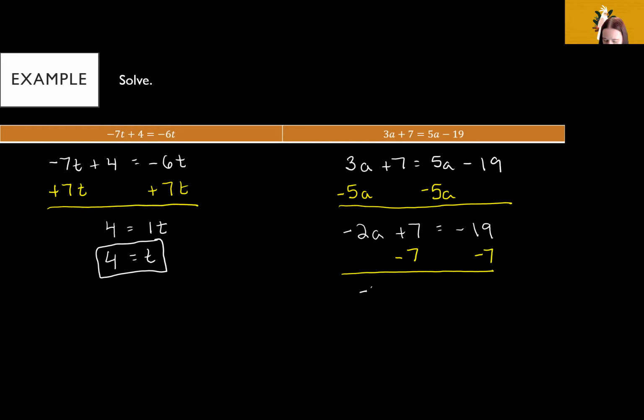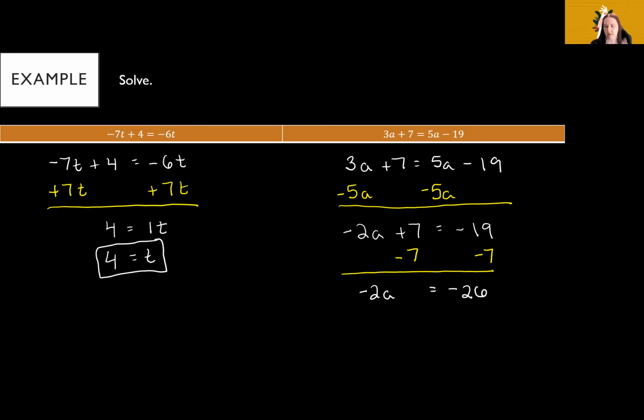So this gives us negative 2a equals, and then negative 19 minus 7 is negative 26. So if you have variables on both sides and numbers on both sides, you basically have to do the addition or subtraction property twice, because your ultimate goal is to get something equals something, and then that's when you divide or multiply.